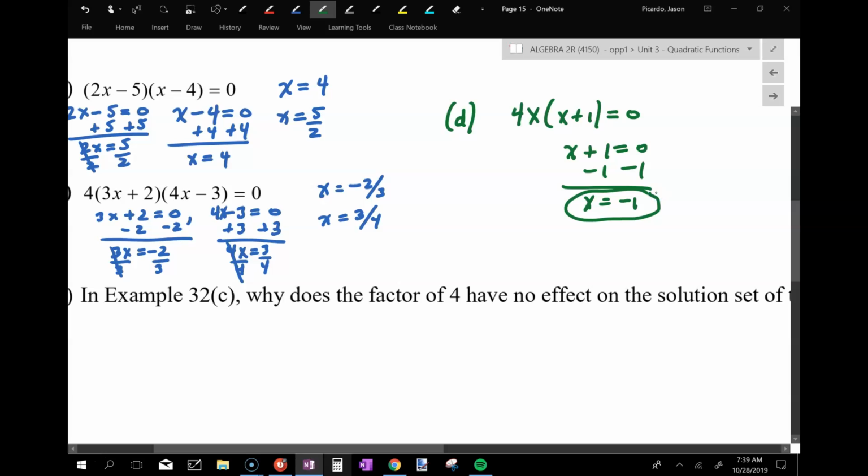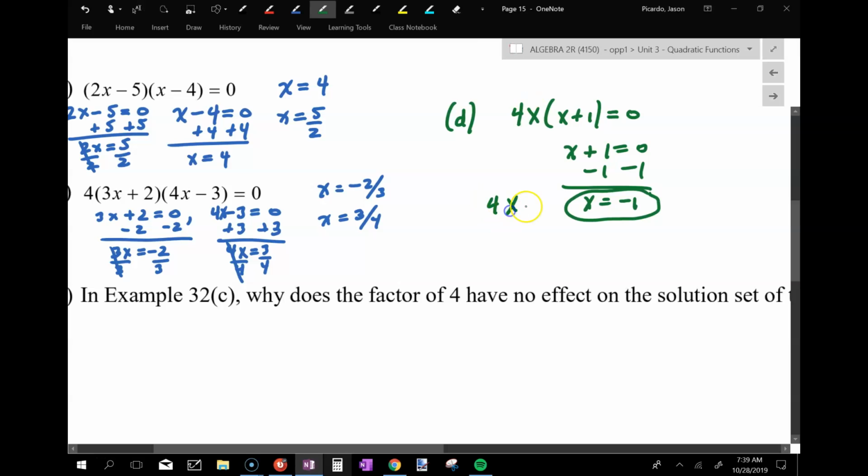All right, guys, how is this problem different from the one that I just did? Here there was a 4 in front, right? Here, what's in front? A 4x. Is it possible for 4x to equal 0? Yeah, if x is what? Is 0, right?